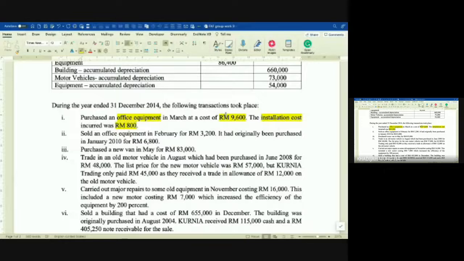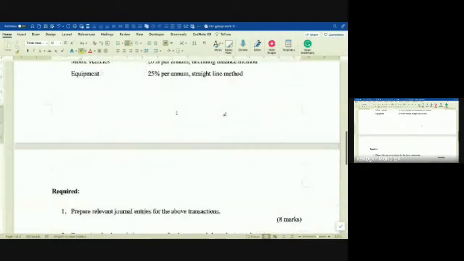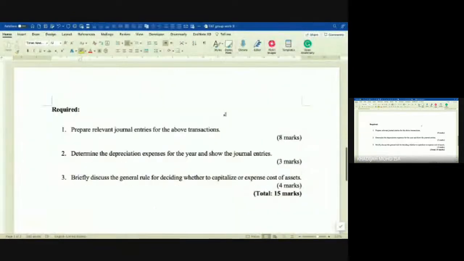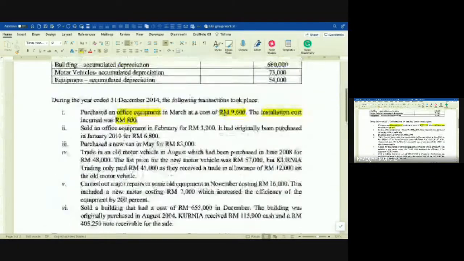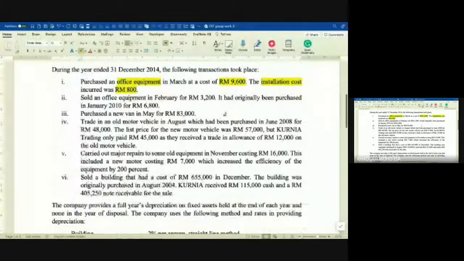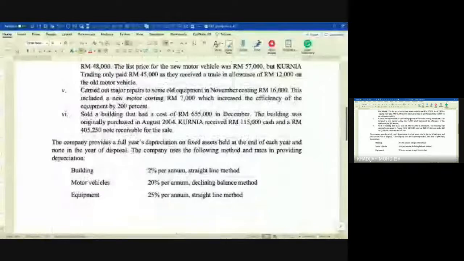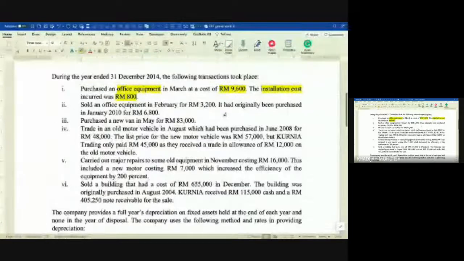The question asks you to do journal entries and the depreciation expense for the year, and discuss the general rule for deciding whether to capitalize or expense an asset. The second one is that you sold an office equipment in February for 3,200. It had originally been purchased in January 2010 for 6,800. Because we are going to do the journal entries, can we do the journal entries for number 1?